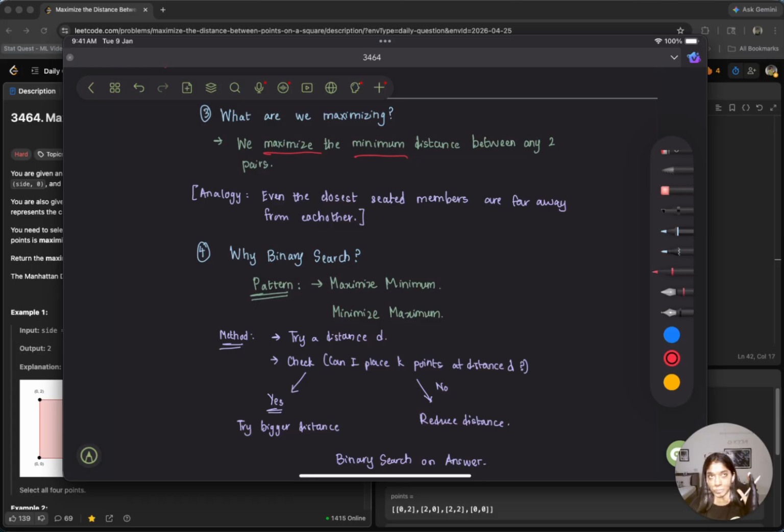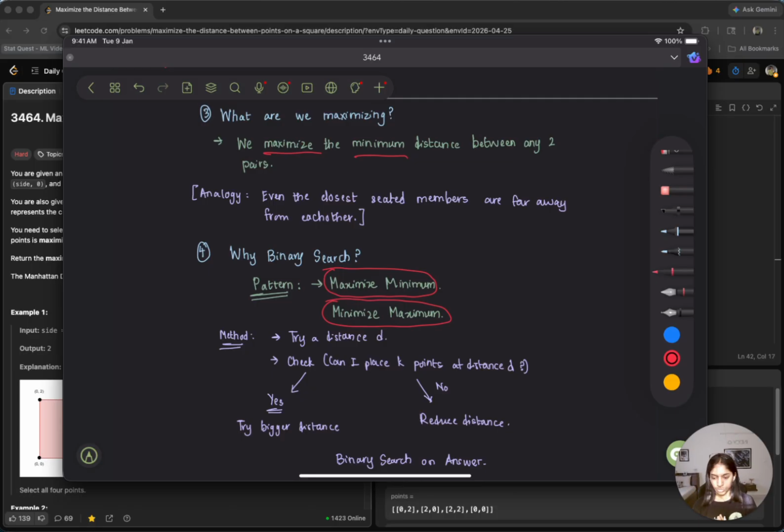And so I'll tell you why this is a binary search problem. If you are used to solving problems regularly and you have seen patterns, then the concept of maximizing a minimum or minimizing a maximum is always binary search. I mean, there could be other possible ways to do it, but binary search is definitely an option here.